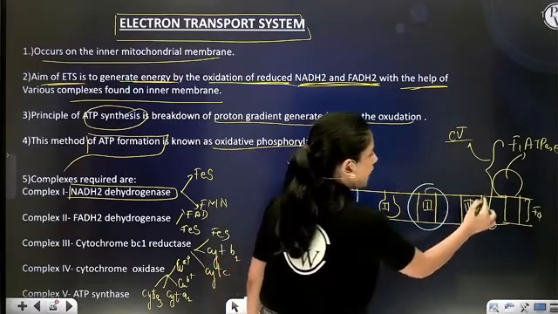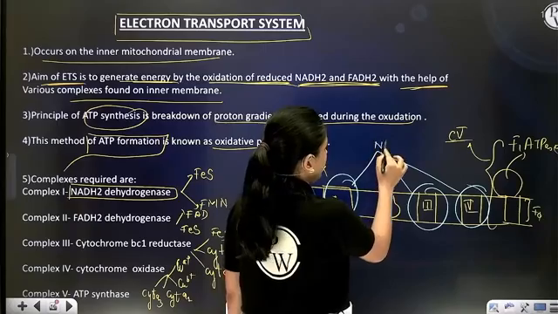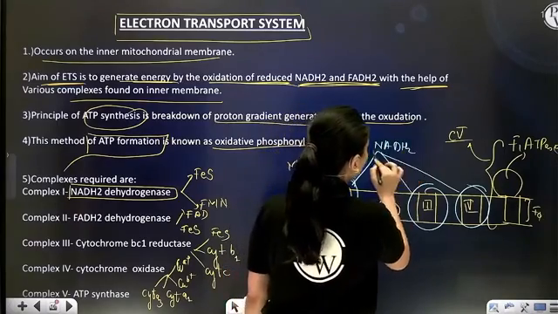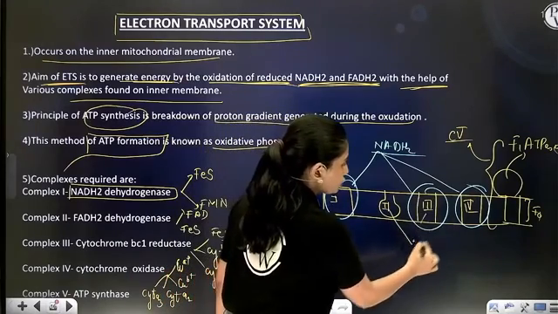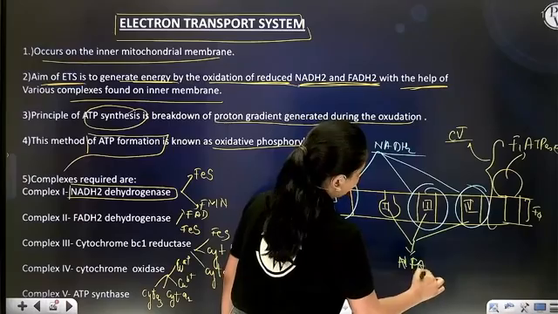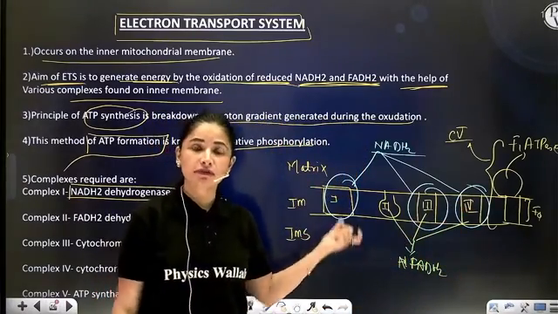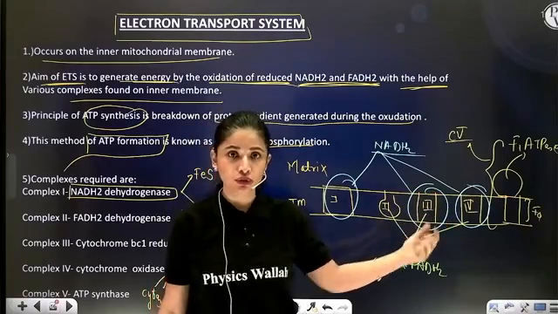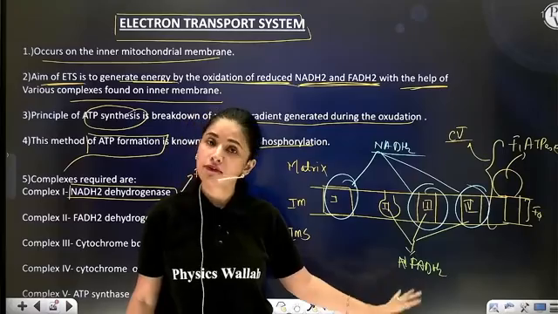If I talk about the oxidation of FADH2, students, then complex 2, 3 and 4 are involved. That means 3 and 4 are common, but complex 1 is specifically for the oxidation of NADH2 and complex 2 is specifically for the oxidation of FADH2.